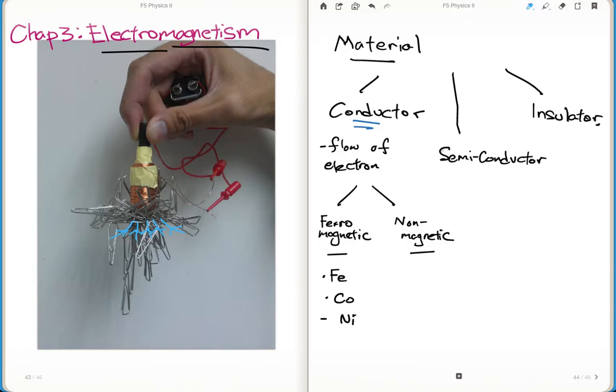To semiconductor, next chapter, where you get to learn the valence band and conduction band. And insulator, we don't have that in this SPM syllabus, but you know that the insulator is the opposite of conductor, where the material does not conduct electron.